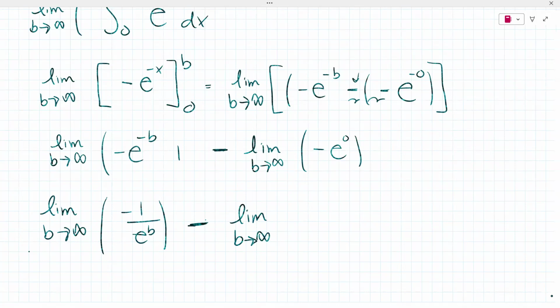And then what's e to the 0? Positive 1. And then you have this minus, so that's negative 1. Now you can plug in infinity for b. So this is going to be negative 1 over e raised to the infinity minus, what is the limit as b approaches infinity of the function y equals negative 1? It's still going to be negative 1.